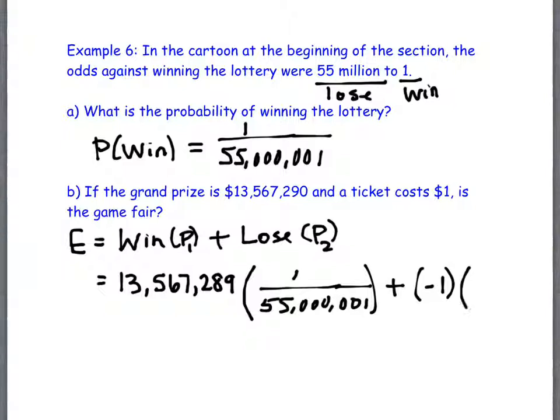What's the probability that you lose? 55 million over 55 million 1, right? Are you guys with me? Okay, go ahead then and calculate what this is.